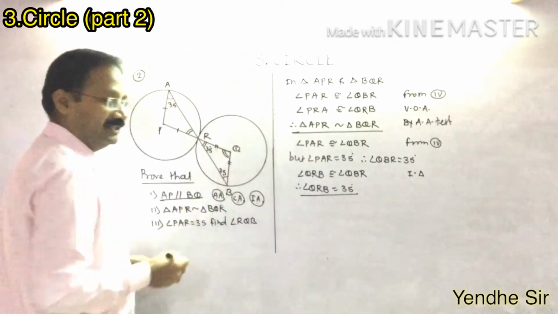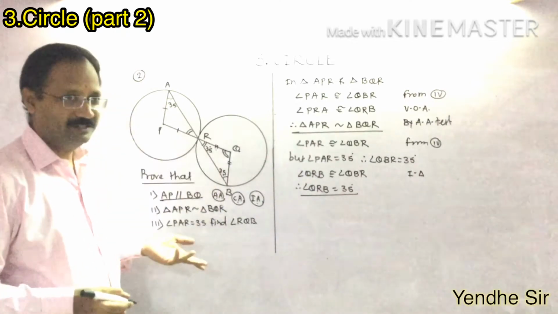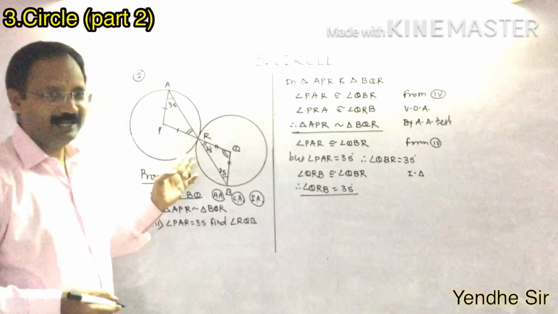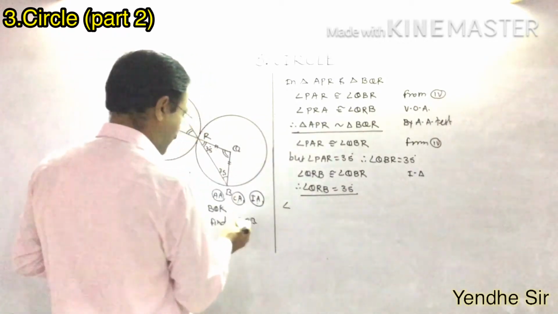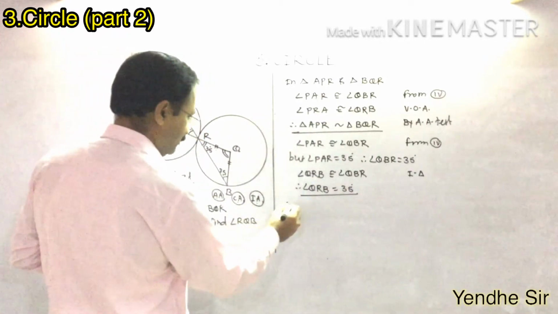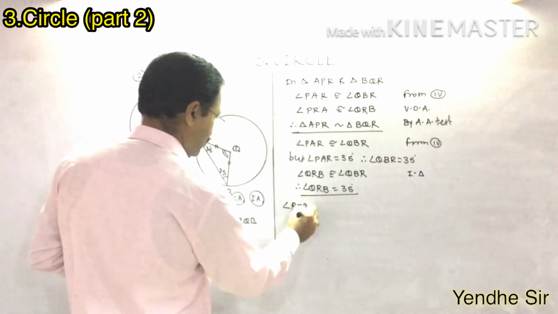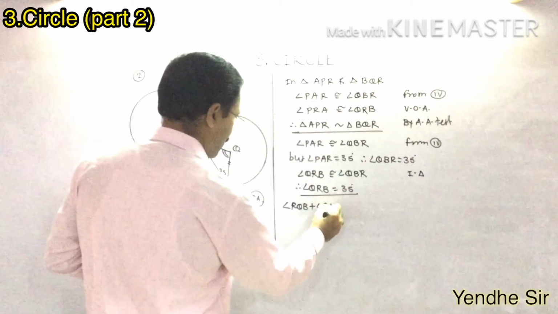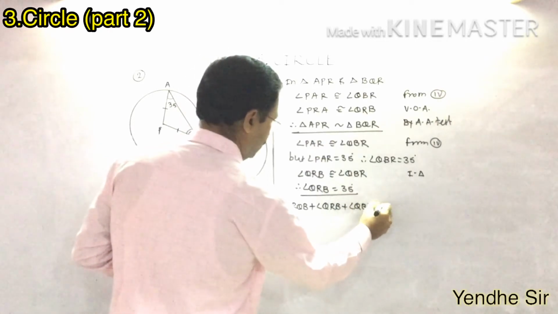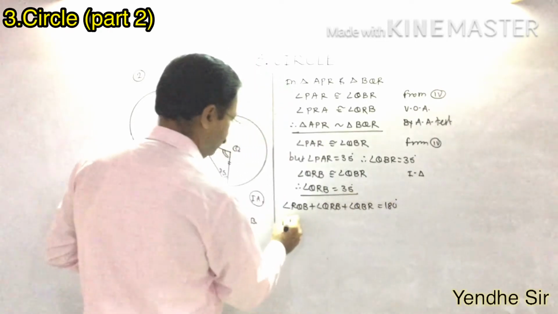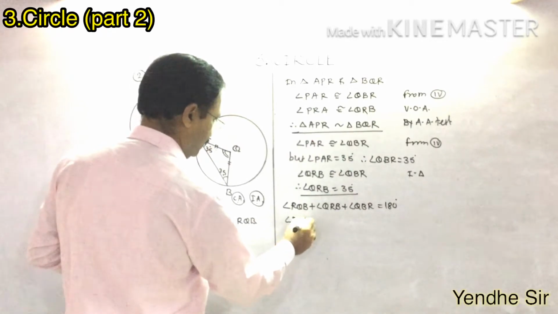How can we find it out? You have studied in 9th standard. The sum of measures of all the angles of a triangle is 180. So we have to write it. Which angle we have to find out? RQB. Angle RQB plus angle QRB plus angle QBR equals 180. So we have to find out this one.